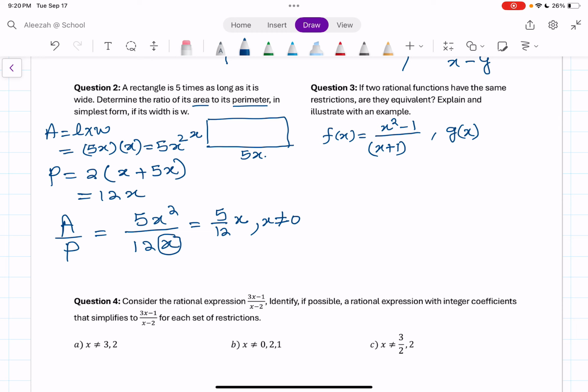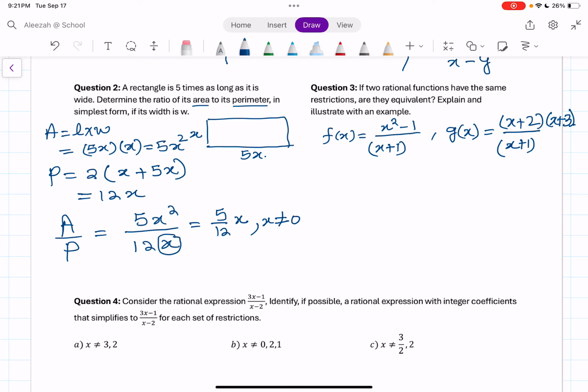So here the restriction is, okay, I'm taking another one like x plus 2 over x plus 1, and here I can write it as x plus 3, maybe.